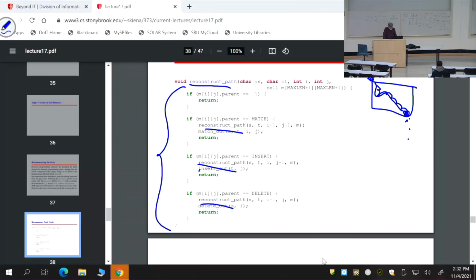Well, if the parent is the end of matrix thing, we're done. If the parent operation was a match, we're going to find the optimal path getting back to this point, and then output the last match. If it ended on an insert, we go back to the appropriate point recursively and output this search. This is the same algorithm you saw in reconstructing paths from shortest path. Any question?